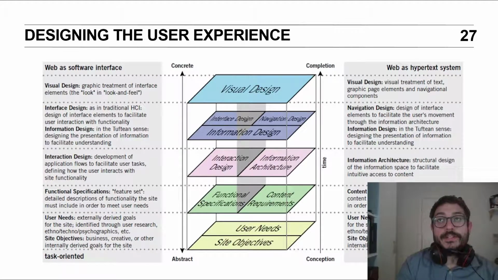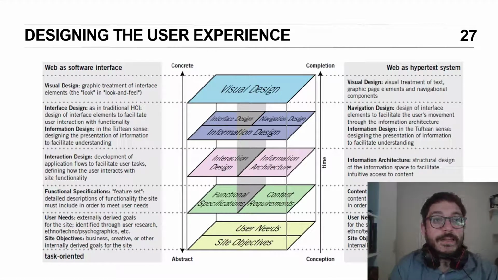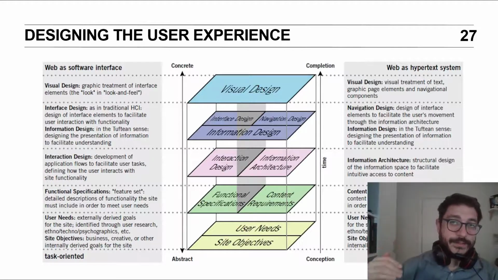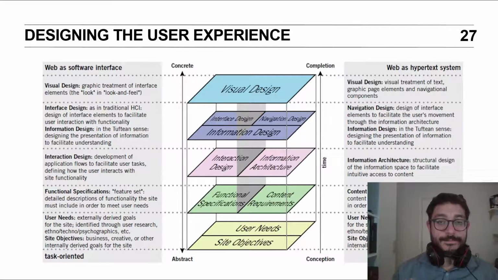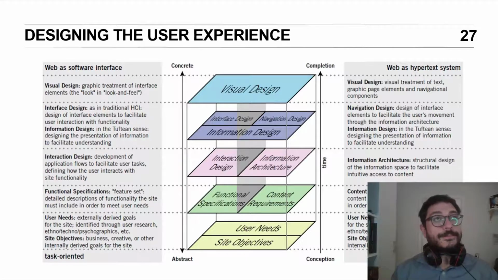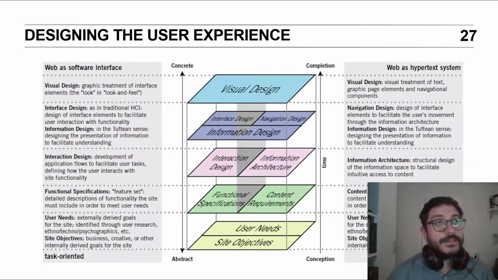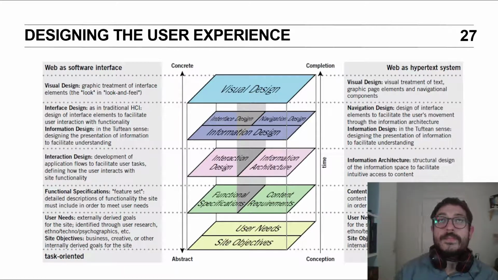When we design the user experience, this is the more layered version that we use to describe, especially if we go into web design or into web application or web solutions. We need to think about the visual design, the interface design, the interaction design, the functional specifications, and the user needs.